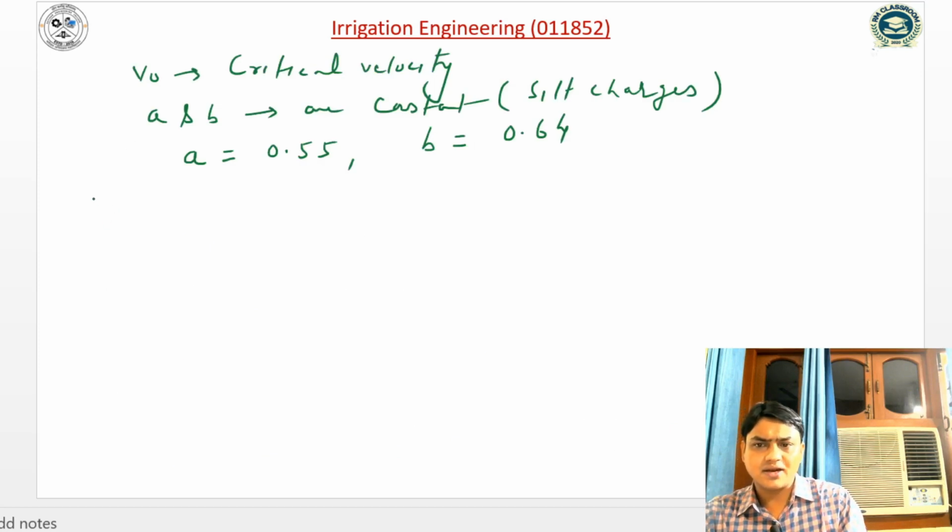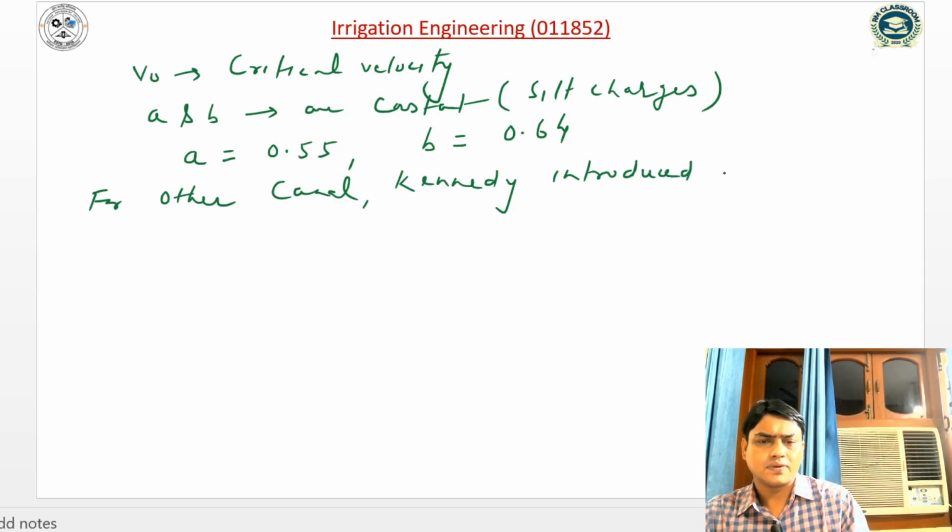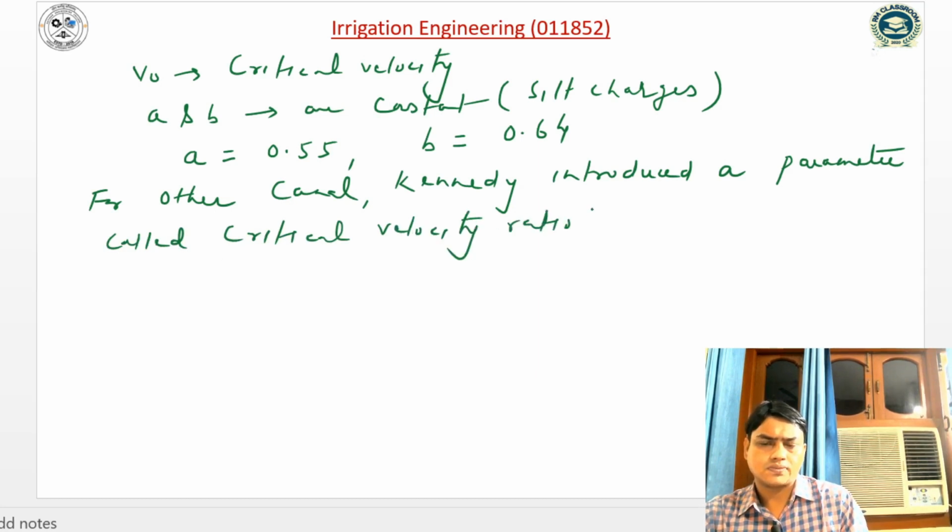But for other canals, Kennedy introduced a parameter called critical velocity ratio in the critical velocity expression.